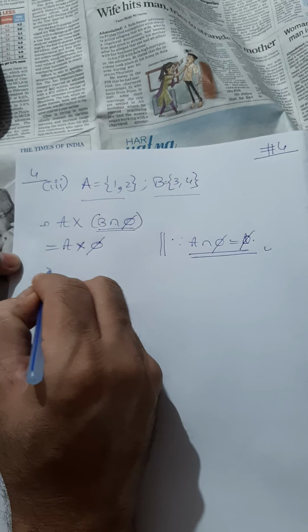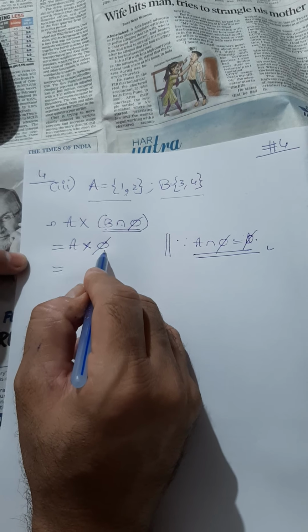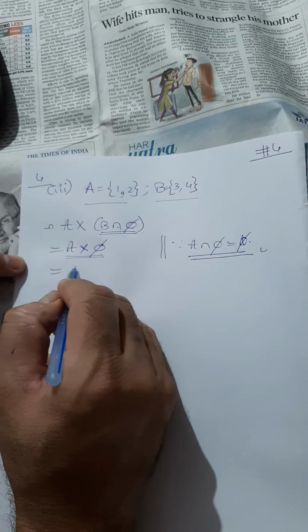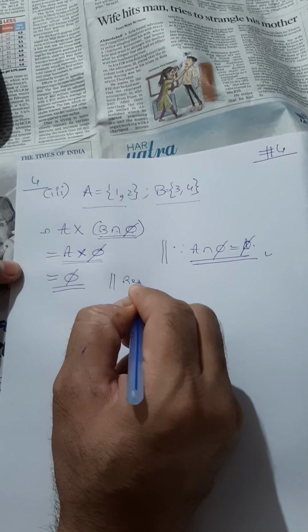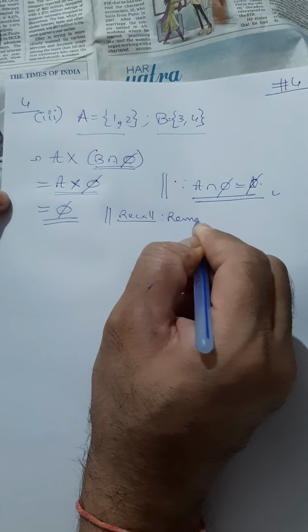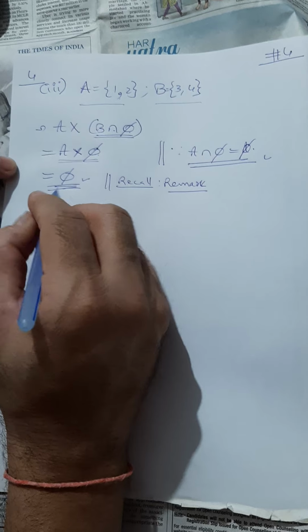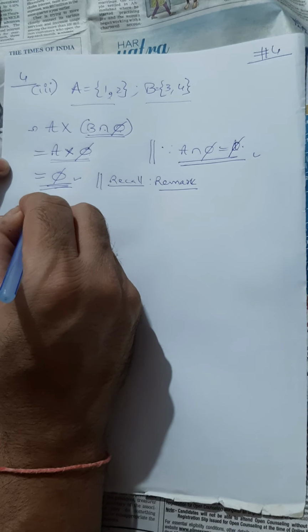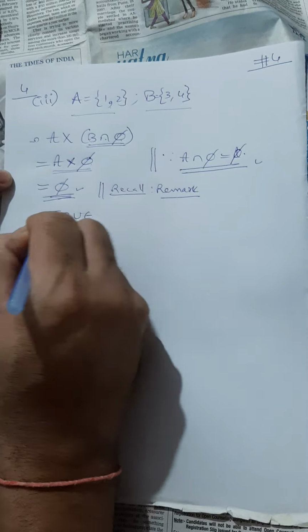Now the cross product of set A, which has two members, with phi, which has no members, you cannot form any ordered pair. So this is phi. Just recall the remark: A cross phi is always phi. So therefore this statement is true.